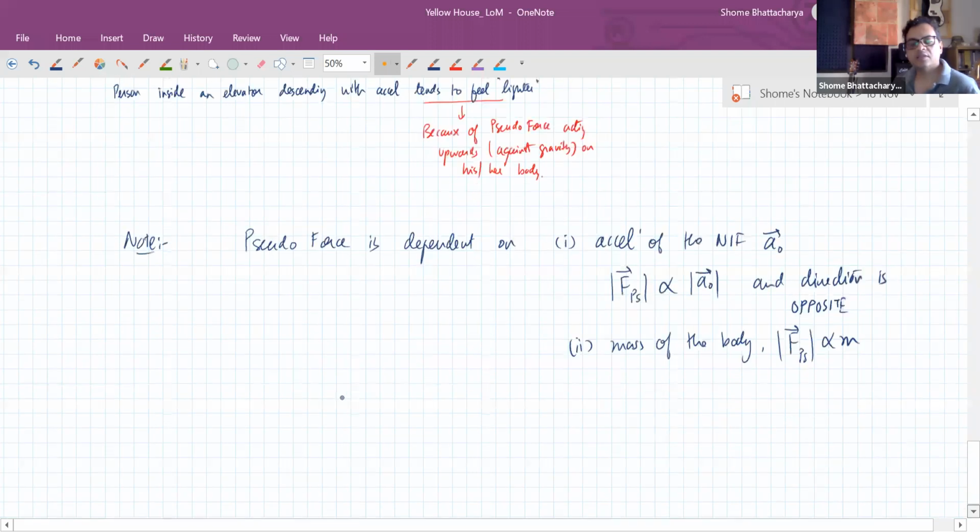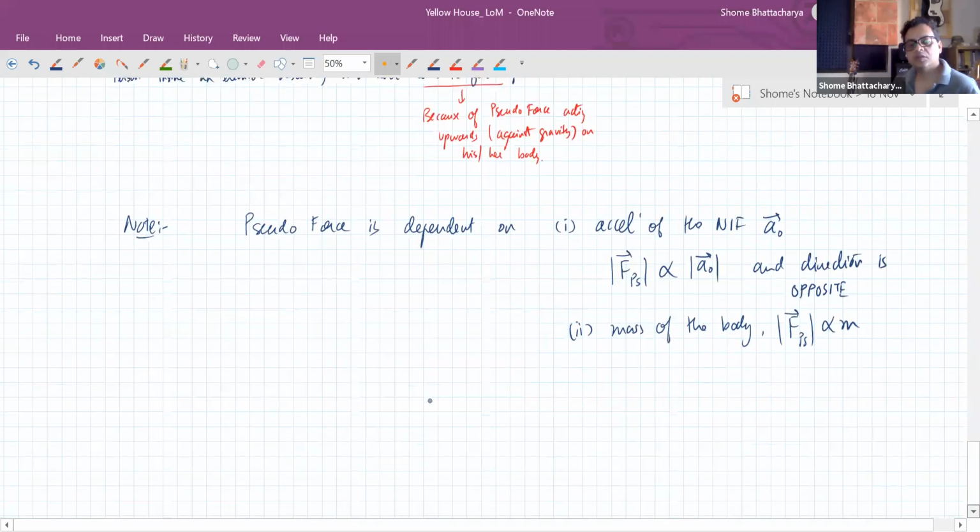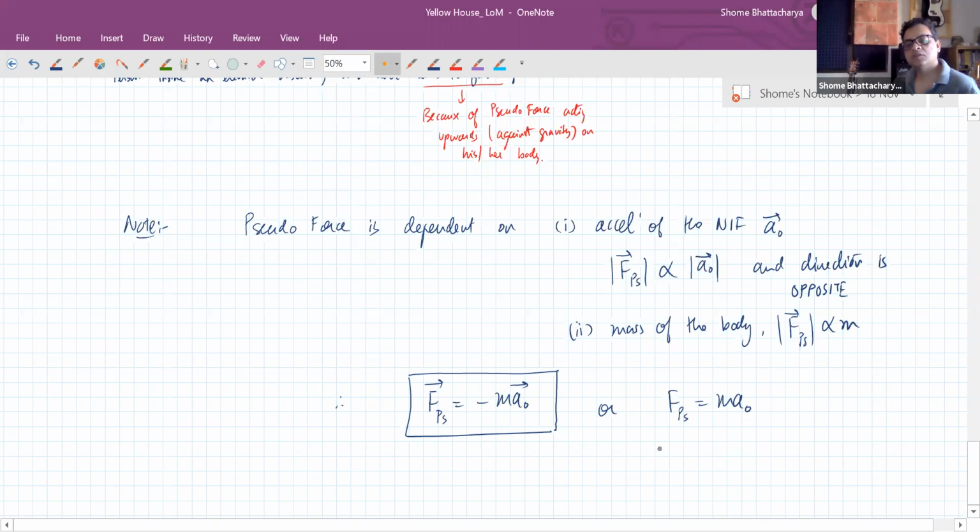So with this idea now, we understand that pseudo force is given by a formula which as a vector equation is this, or you can say that the magnitude of the pseudo force is this, and direction opposite.